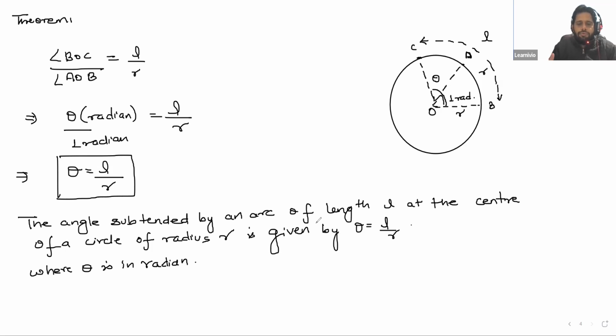Otherwise, if theta is given and R is given and you need to find L, then always convert theta into radian. You cannot use theta in degree. So please note this down, then we will start some questions.